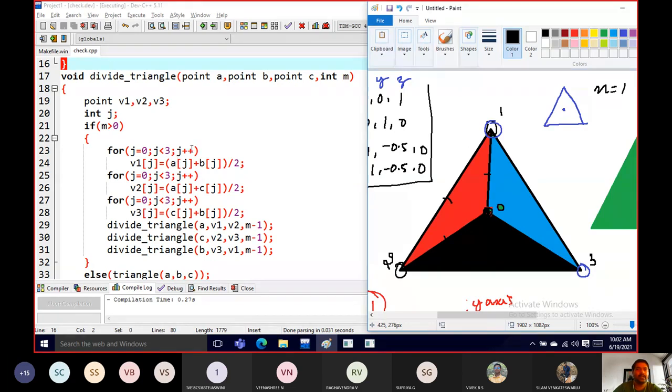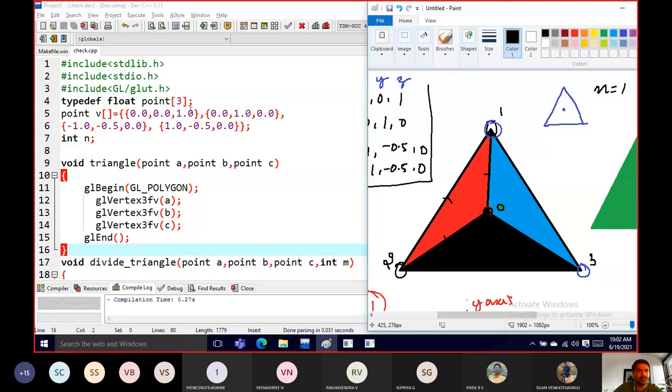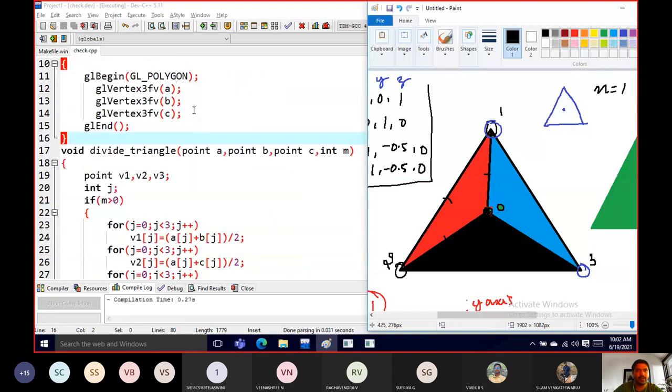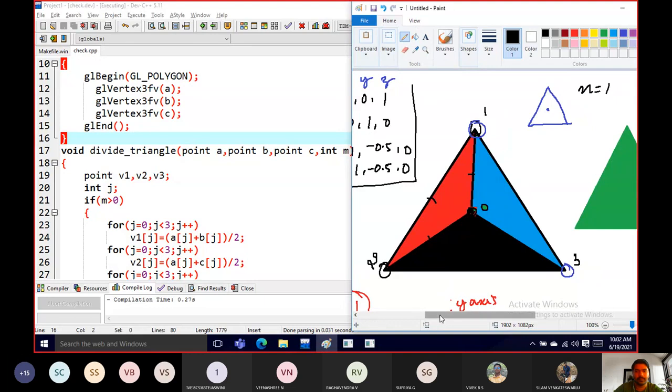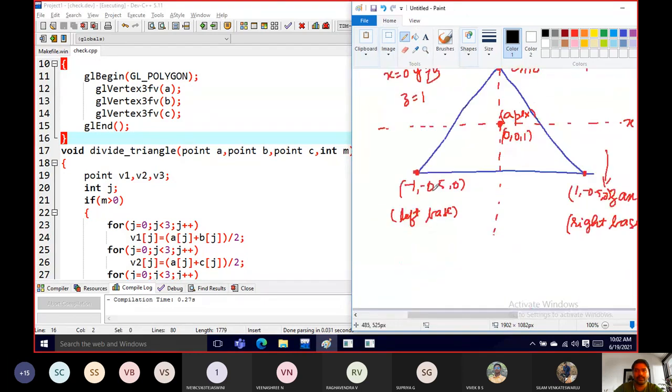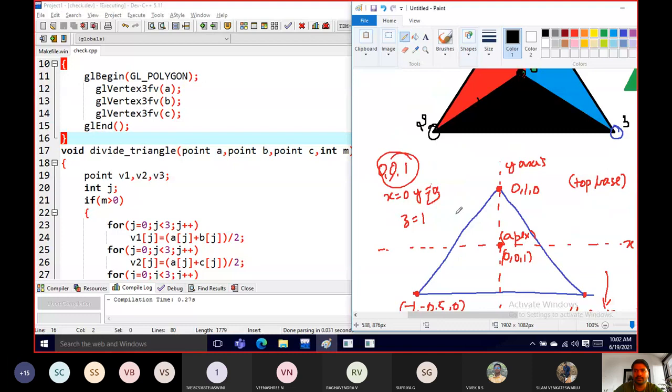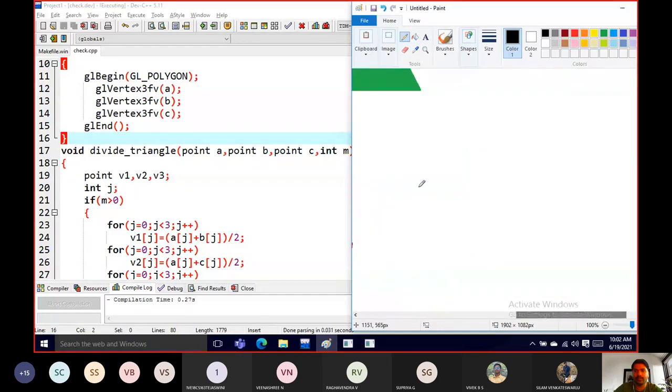So for A of j, we'll consider the values. We'll draw it over here. What were the values? 0, 0, 1, then 0, 1, 0, then 0, 1, 2.